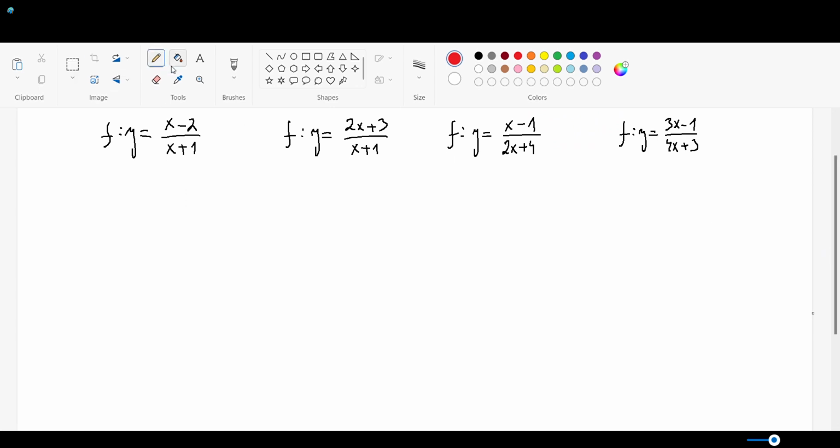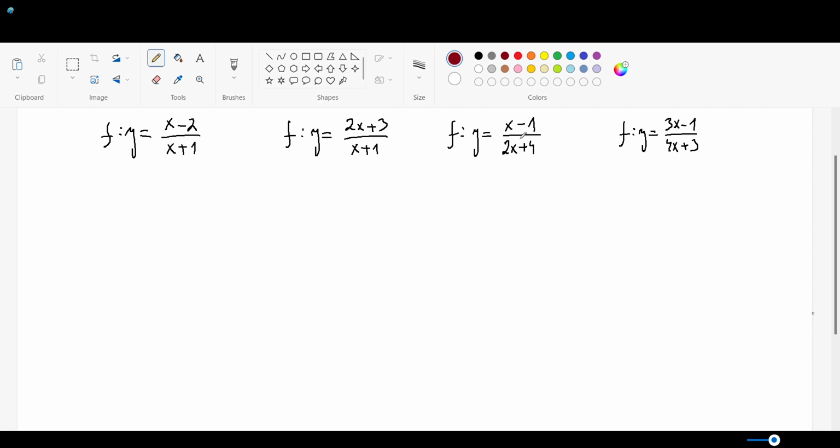As you can see, the main difference between these 4 functions is that here in front of x we have number 1 times x, and then comes the easy way when here is number 2 and here is number 1.